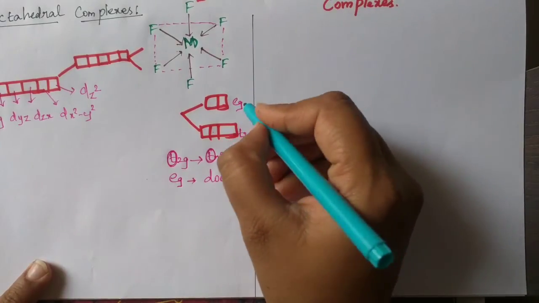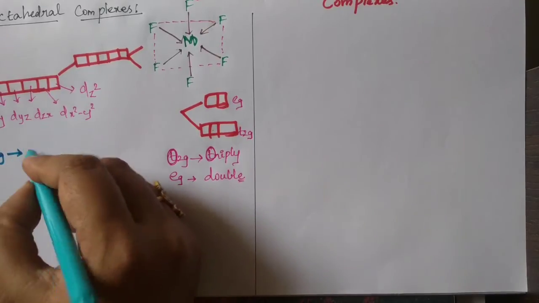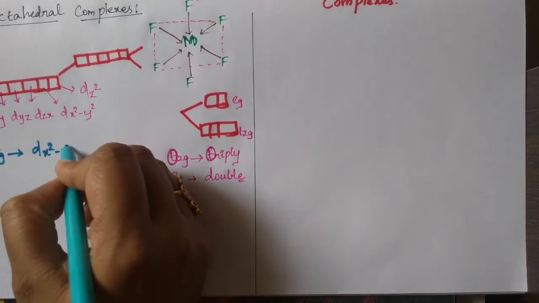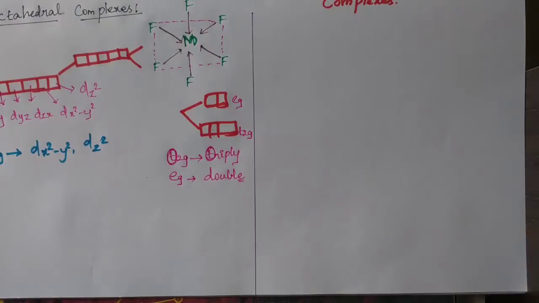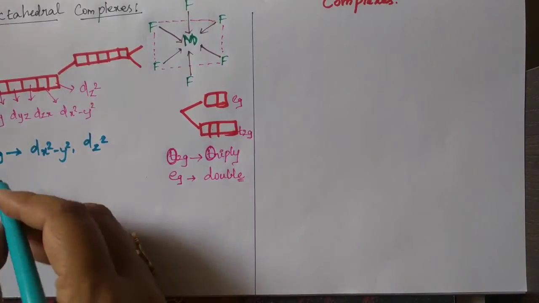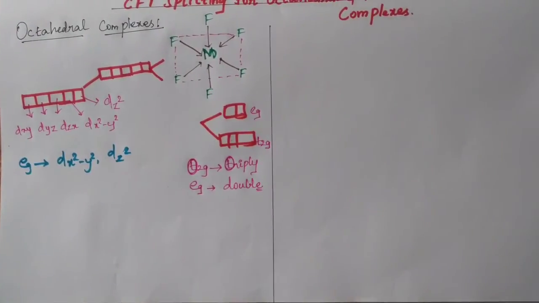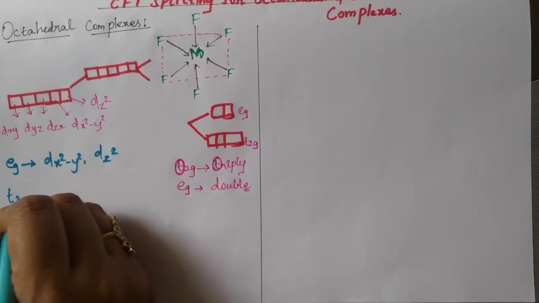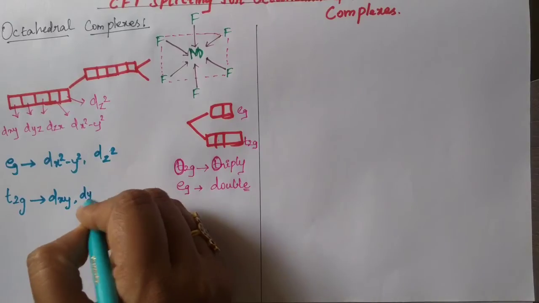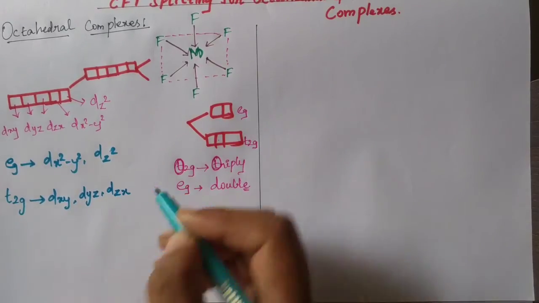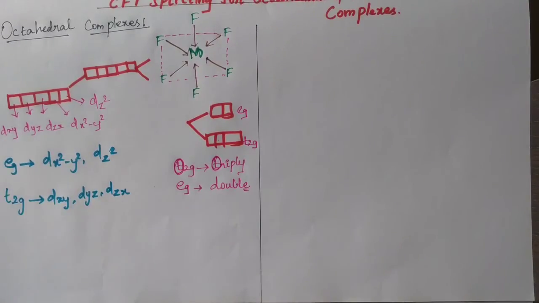Eg orbitals are dx square minus y square and dz square. These two orbitals are known as Eg orbitals, and the T2g orbitals are dxy, dyz and dzx. Okay students, you should know which are the T2g orbitals and which are the Eg orbitals.